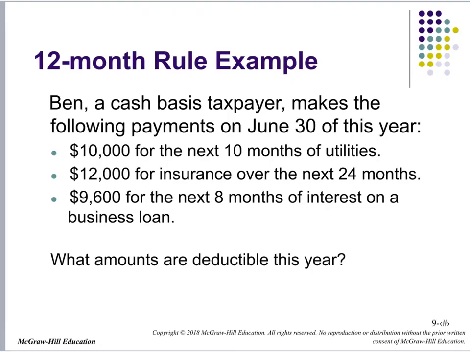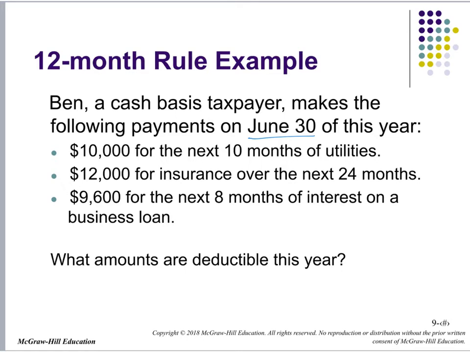There's an example built into our presentation. So we've got Ben, and he's a cash basis taxpayer, and he makes the following payments on June 30th. So that's halfway through the year. The question is, what of these amounts are deductible this year?